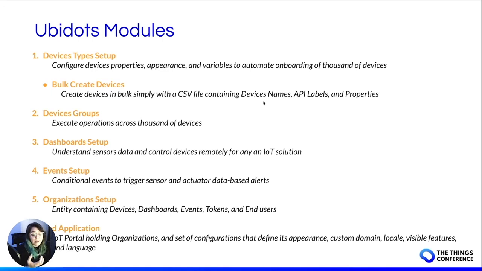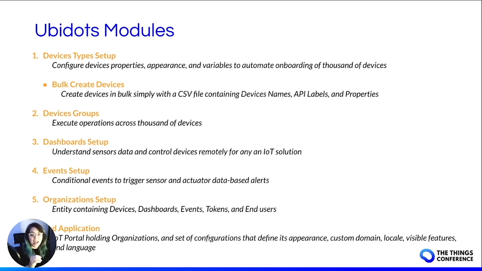It is key to use device type if you are going to handle hundreds of devices, because you can have control of all of them with just one click. And also, when you create a device type, you can create hundreds of devices using the device bulk creation feature, taking the configurations that you previously made on the device type.